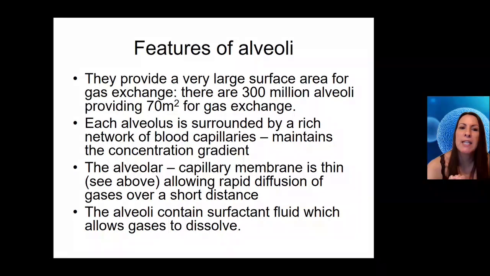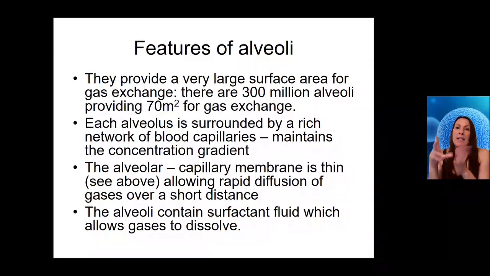The alveolar capillary membrane is thin. That is basically the membrane between the alveoli themselves, which are 1 cell thick, and the capillaries that are surrounding them. So the membranes have to be thin. Like I said, if there was layer upon layer of membranes making up the walls of the alveoli and the capillaries, then diffusion would take forever to occur.